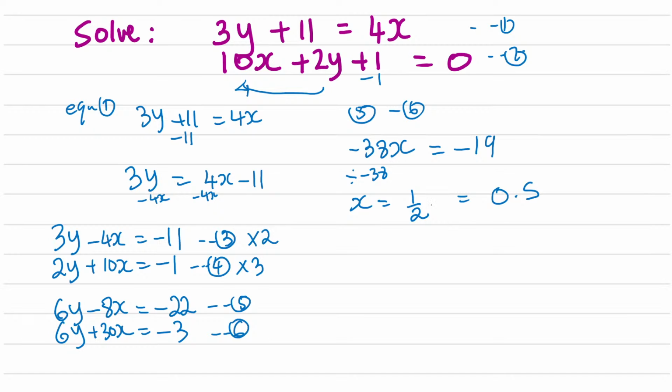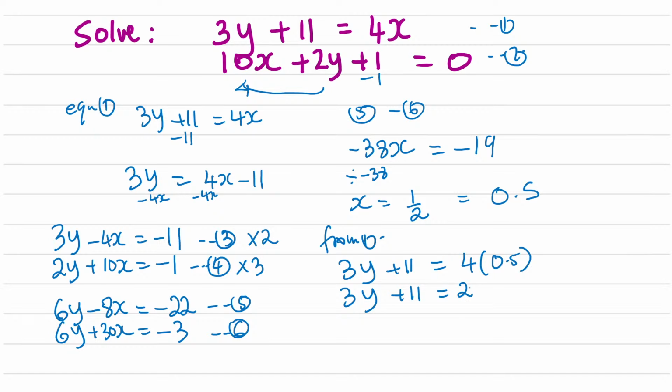Now what we can do is use equation 1 to find y. Okay, so what do we have? From 1 we have 3y plus 11 equals 4 times x, which is 0.5. So we have 3y plus 11 equals 4 times half, that gives you a 2.